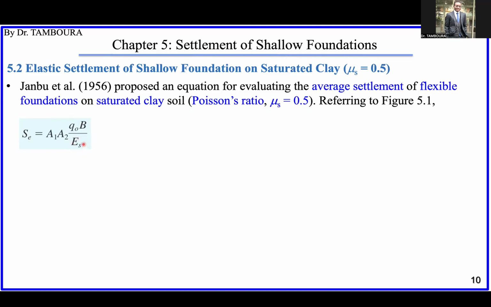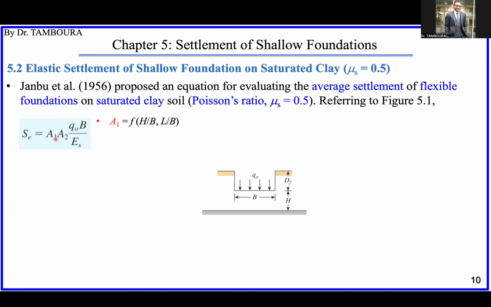You already know what Es is, I think. B also. B is just the dimension of your foundation, the width of the foundation. If you are dealing with circular footing, then B is the diameter of your foundation. So we need A1, A2, q0, B, Es to obtain everything.